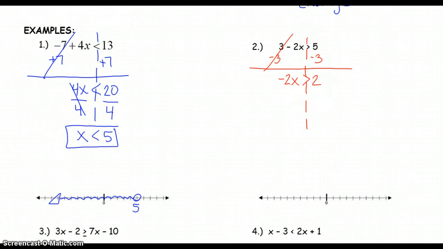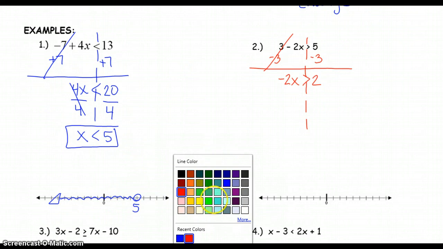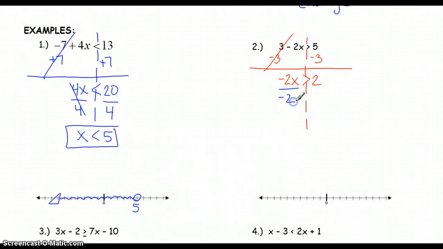All right, the next thing I need to do, and I'm going to change the color because this is important, is we need to divide. And when we divide, we're dividing by a negative. So this is that key thing that we're going to flip the sign. Oops, flip the sign. That's what that tells us.